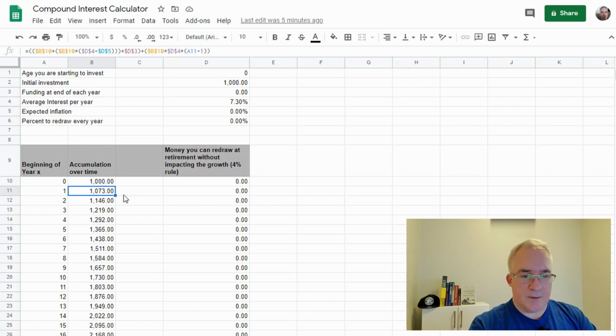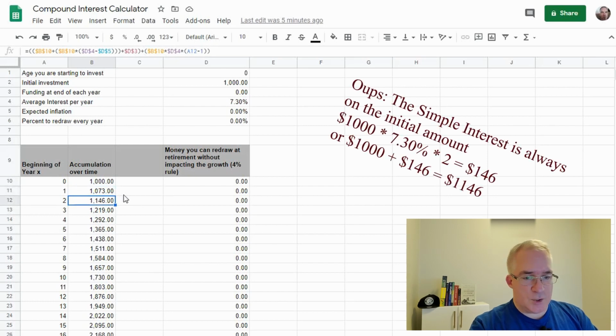This is compounding. So every year, the interest is paid only once a year. After the first year, I will receive 7.30%, so $73. Then at the end of the second year, I will receive interest on the 1,073 at 7.3%. This will give me $1,146, and so on and so on.